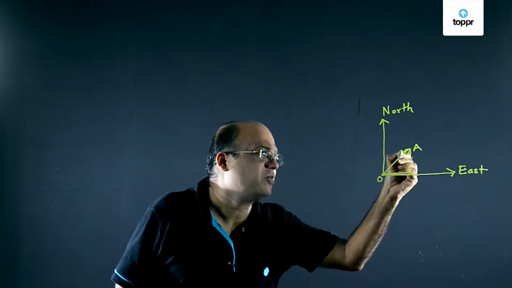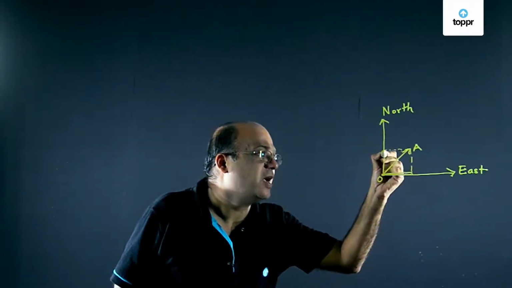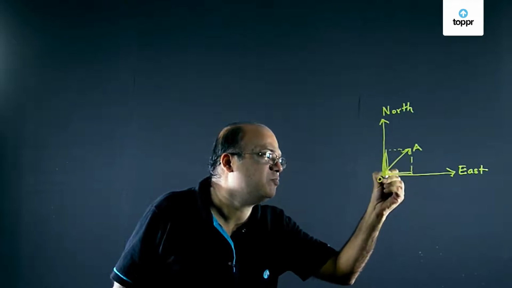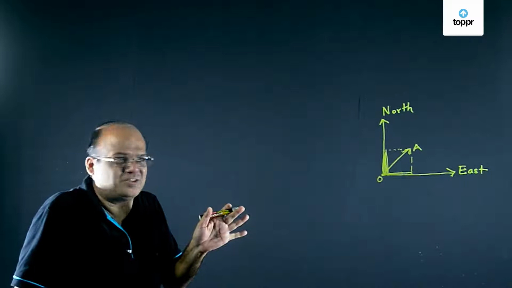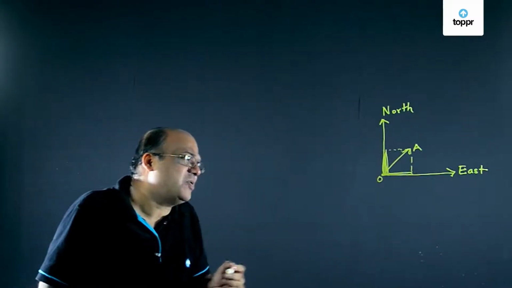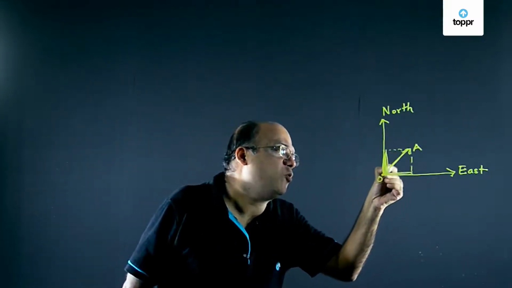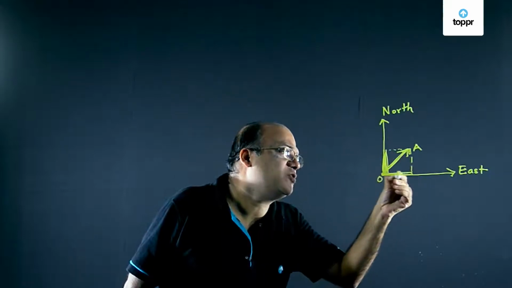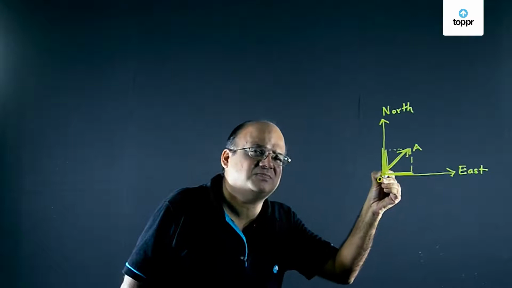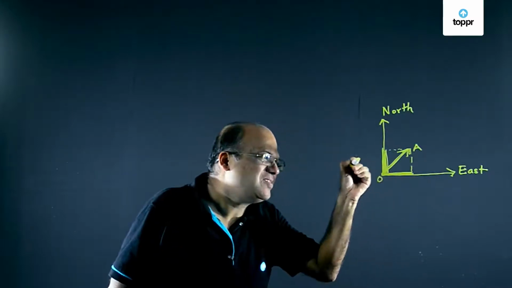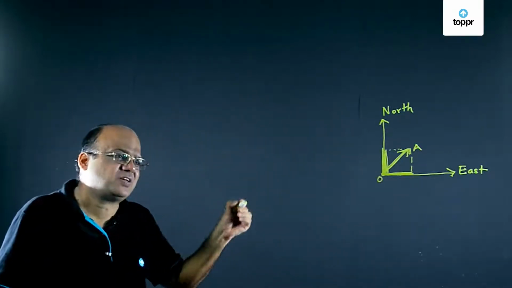We'll drop a perpendicular from here and this is the distance you have moved north. You have neither moved north nor east. You have moved northeast. But this O to A is equivalent to so much in the east direction and so much in the north direction.